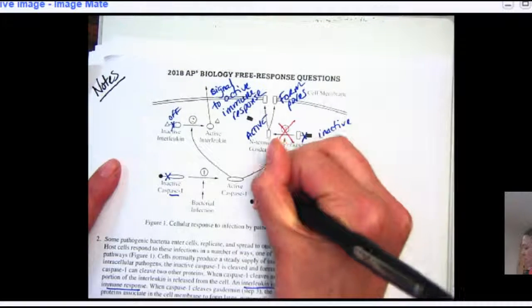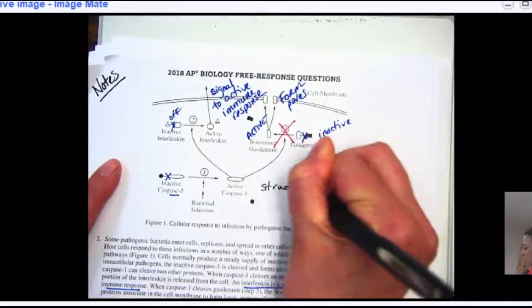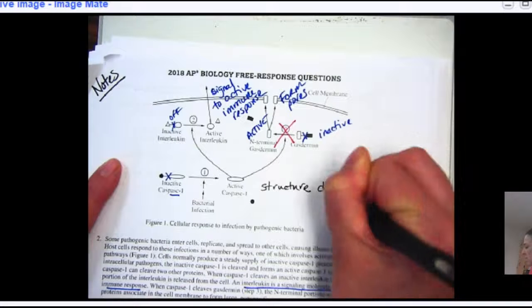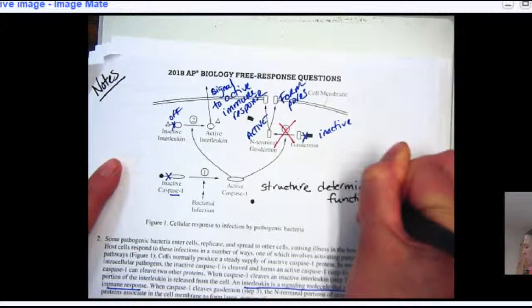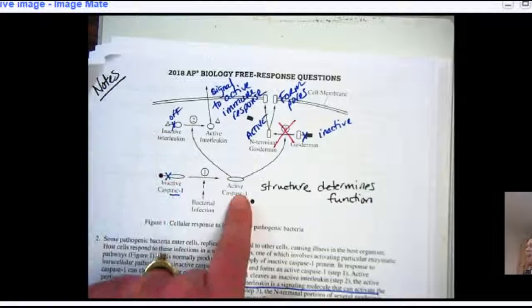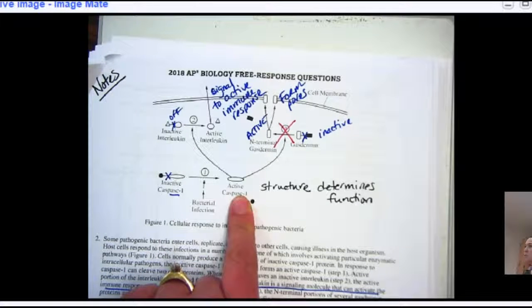So that's our theme, that structure always determines function. If it was inactive here, it must have had the wrong shape, and now it's in the active or the correct shape for the enzyme to work.